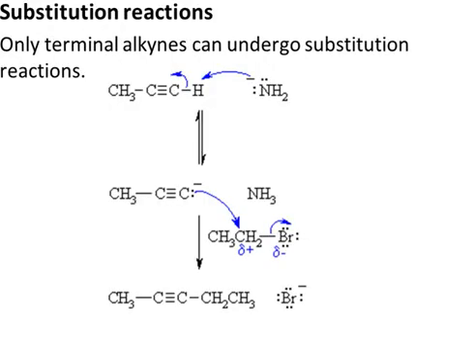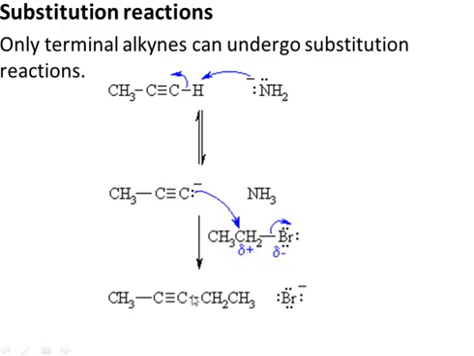In the case of substitution reactions, only terminal alkynes can undergo substitution. In a substitution reaction, the first step is removal of this proton by a base, so we get an alkyne ion, an acetylide. This ion will act as a nucleophile and carry out the removal of a leaving group. So this ion acts as a nucleophile on this electron-deficient carbon of the ethyl bromide.